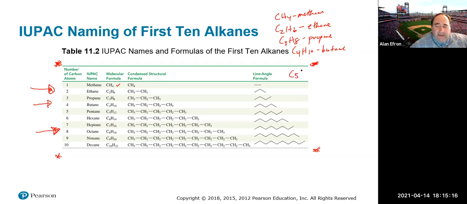So C5H12 is going to be pentane, like penta. C6H14 going to be hexa, like hexane. C7H16, hepta for 7, heptane.